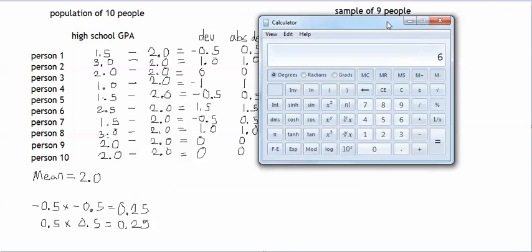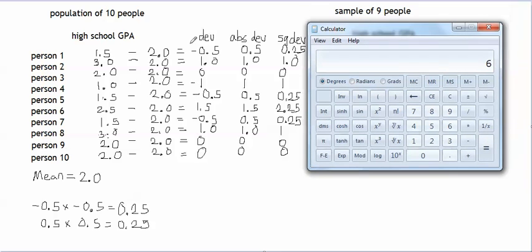And we have to divide by 10 because we have a data set of 10 people and we have 10 numbers in this column right here. So the mean of the absolute deviations would be 6 divided by 10, which equals 0.6. What we just found is something called the mean absolute deviation.